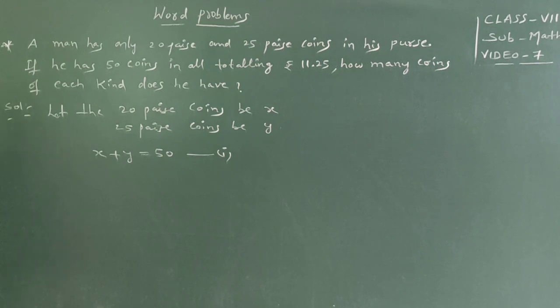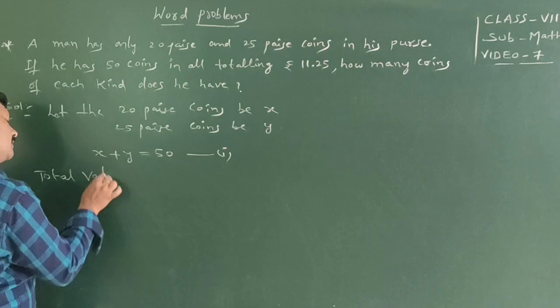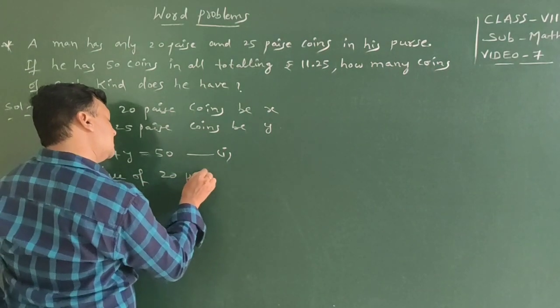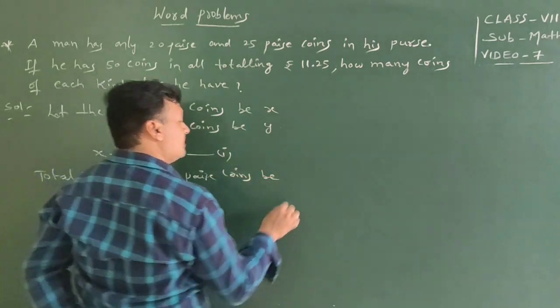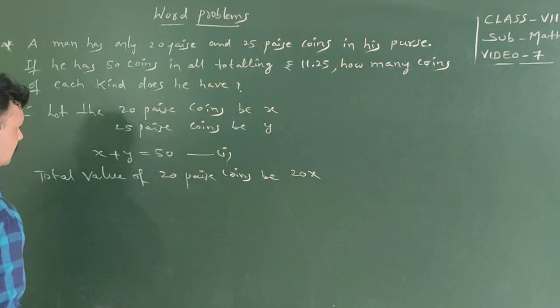Now total value of 20 paisa coins be 20x, because each coin value is 20 paise.